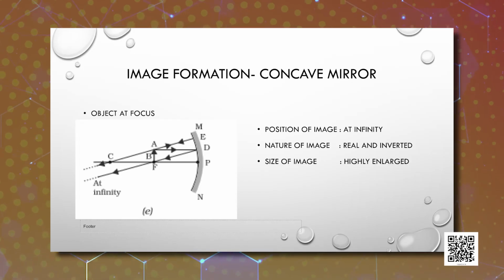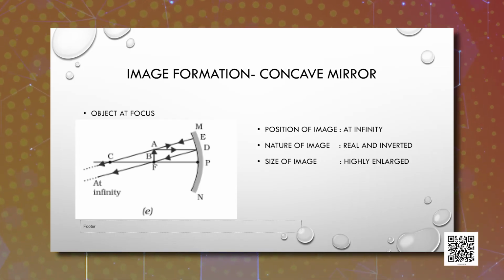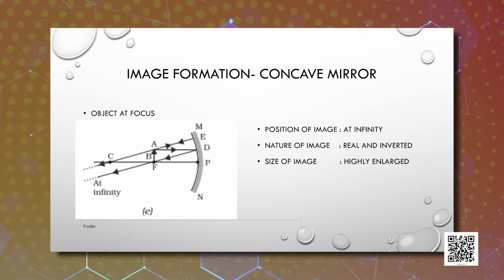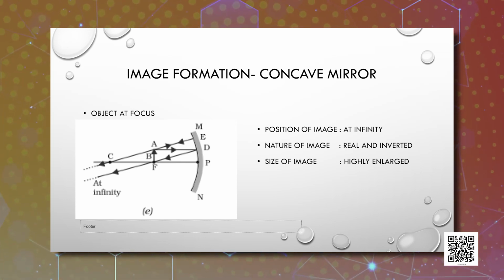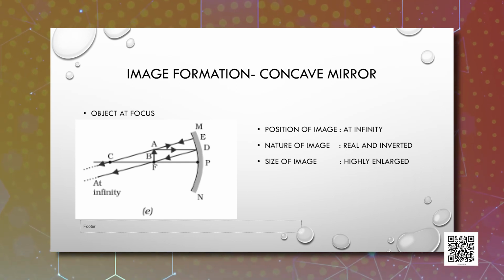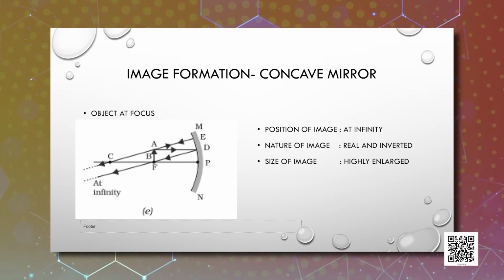Another ray, which is passing through the center of curvature, will simply retrace its path after reflection from the mirror. Both the rays after reflection will meet beyond the center of curvature of the concave mirror, forming a real, inverted and enlarged image.